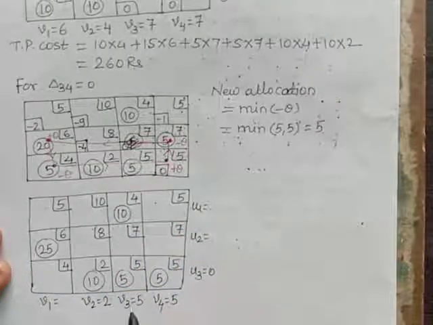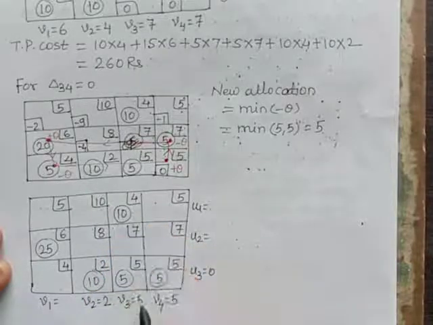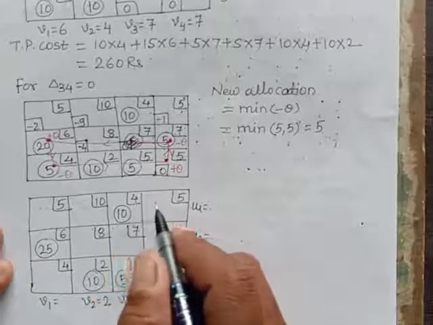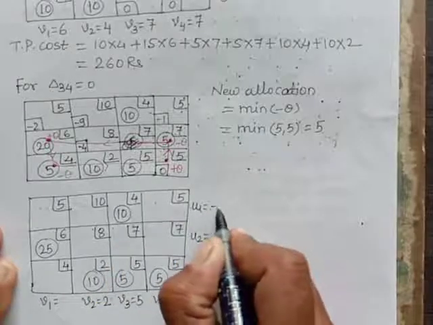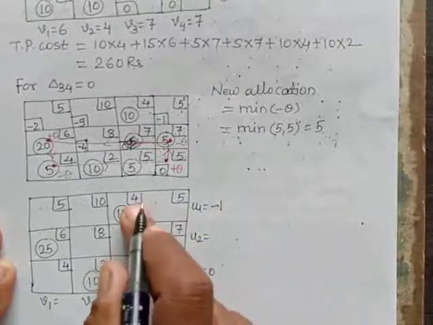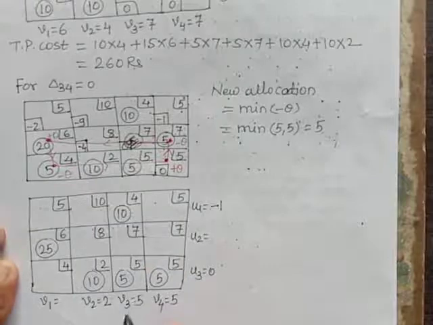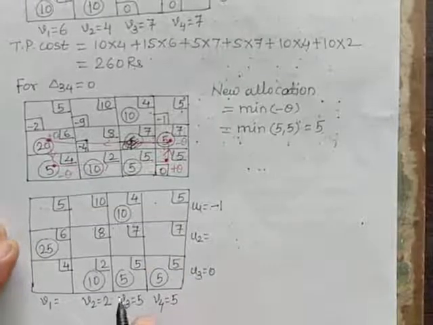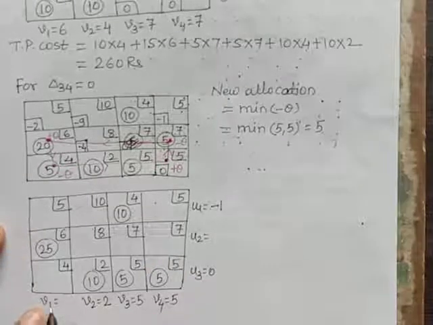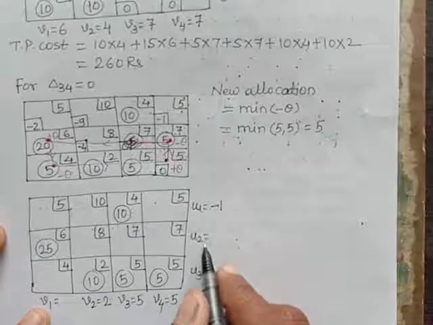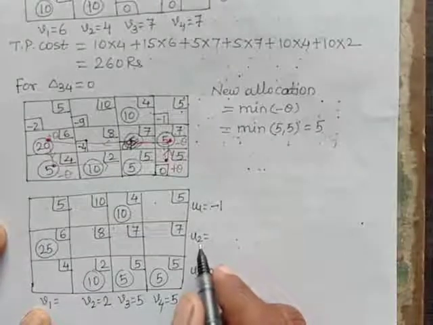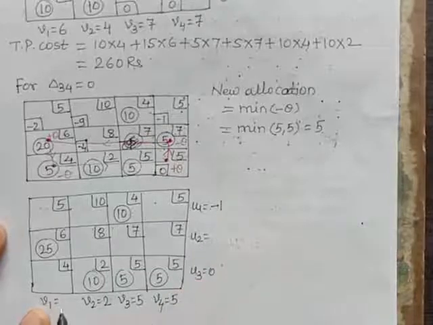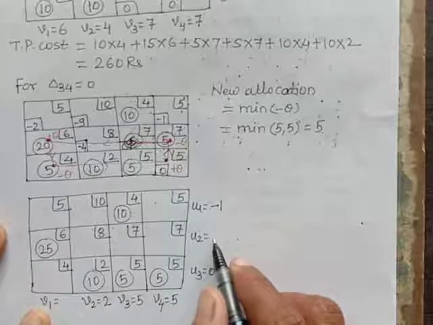V3 is 5, so U1 is minus 1, since V3 plus U1 will be 4. Fine. Now again V1 and U2 we are unable to determine. Here we cannot determine these because we don't have the value of V1 as well as U2.